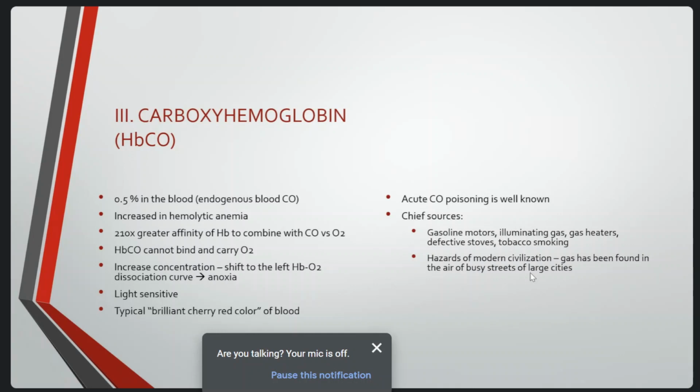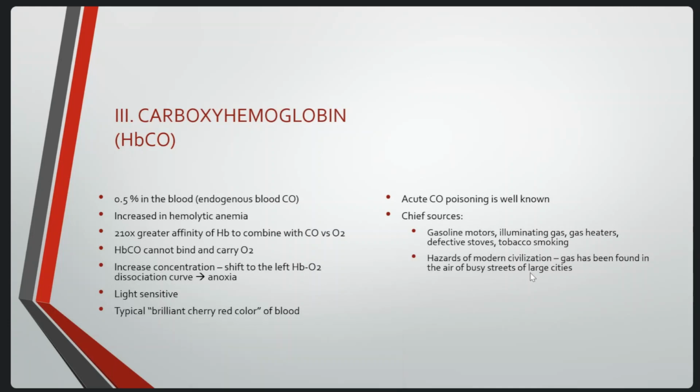Chief sources of carboxyhemoglobin include the following: gasoline motors, illuminating gas heaters, defective stoves, and tobacco smoking. It has been described as a hazard of modern civilization because this gas has been found in the air of busy streets of large cities.